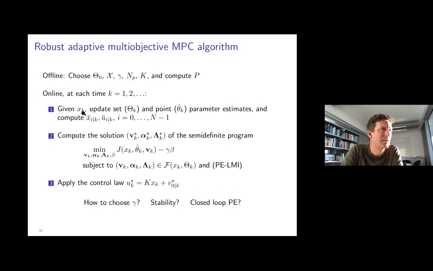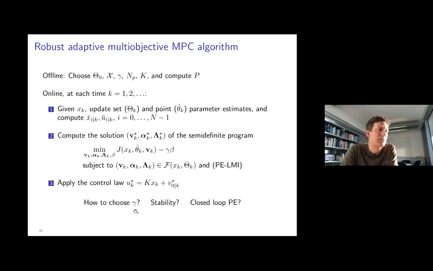So basically, we have the updates for the parameter set estimate and point estimate, and then we solve an MPC optimization problem, which is the same as what we had before, but now I've included a penalty on the persistence of excitation measure beta, and we've also included the LMI constraints. So this is now a semi-definite program rather than a quadratic program.